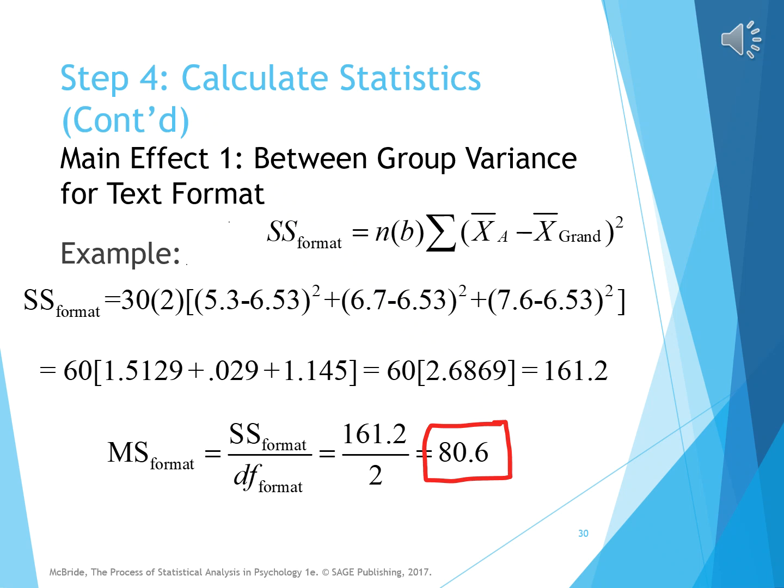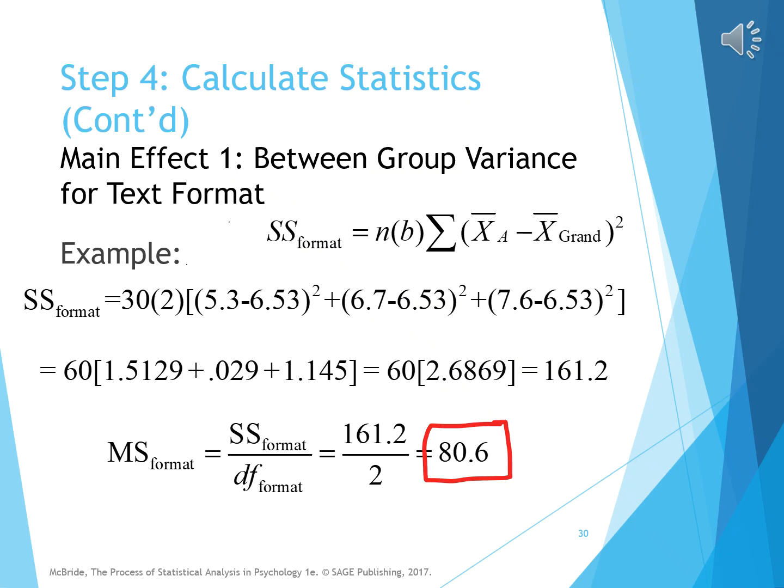Then you multiply all of that by each of the marginal means for each of the levels of format minus the grand mean. You square all that stuff. And you can go back to the 6-cell table that we had to see where you get all these numbers from. But basically, you end up with a sums of squares of 161.2.